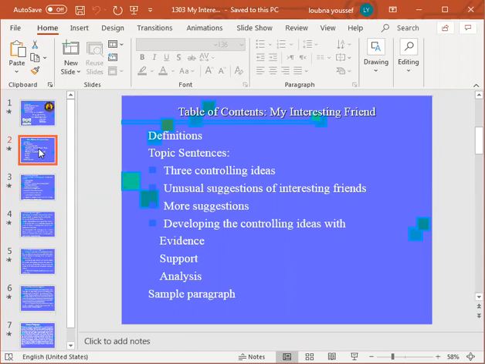Now, this is only a sample paragraph. You do not learn anything off by heart, but this shows you how you can write, how you can develop your own ideas. And in the end, when you write about an interesting friend, this has to be your interesting friend, not mine, not anyone else's.